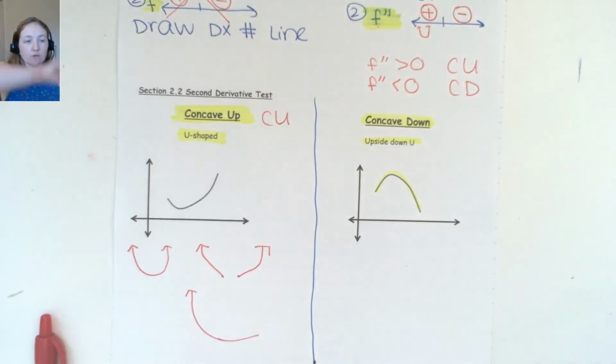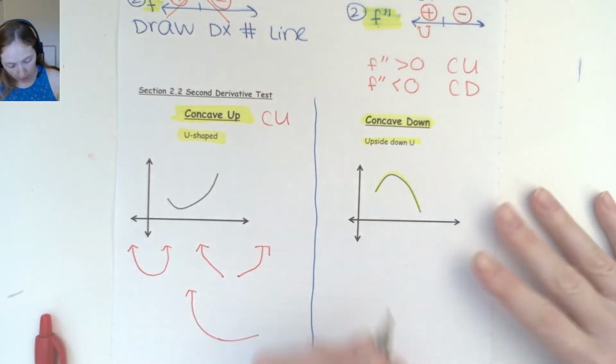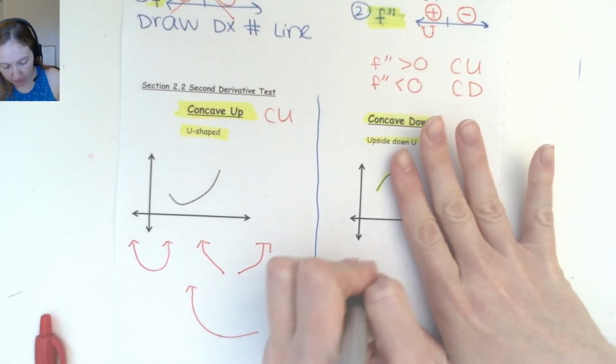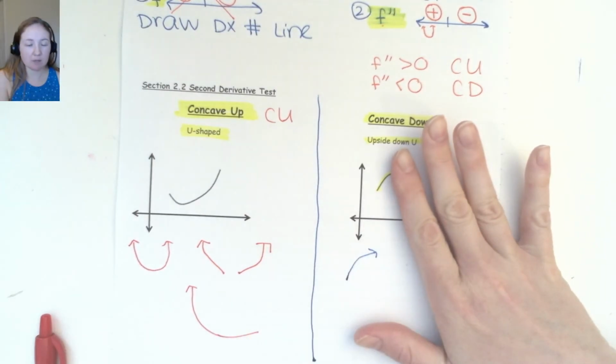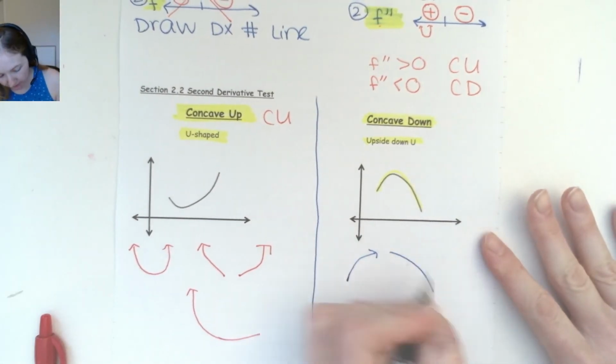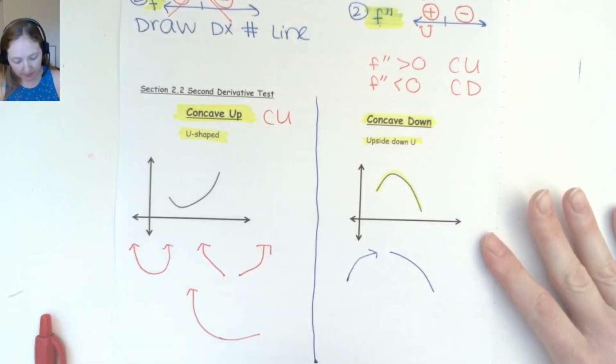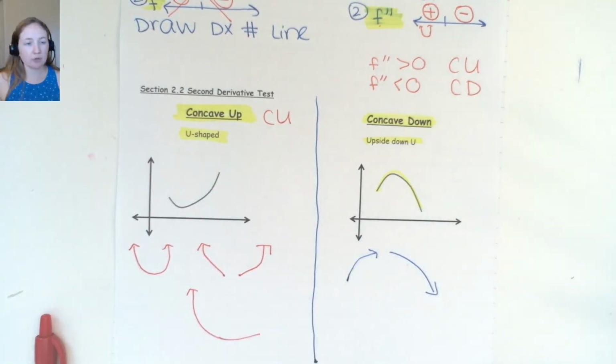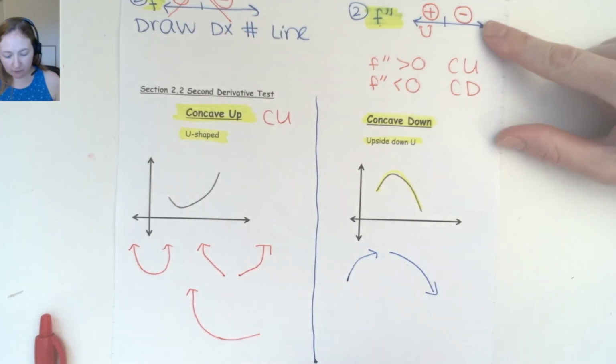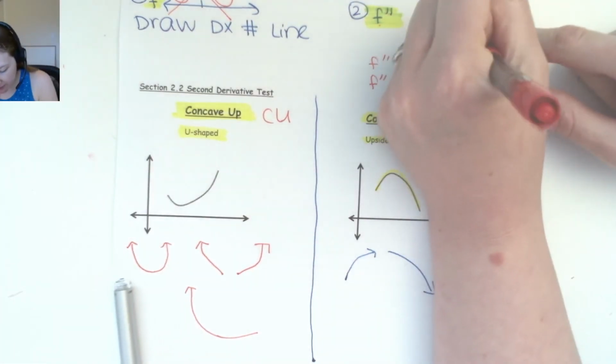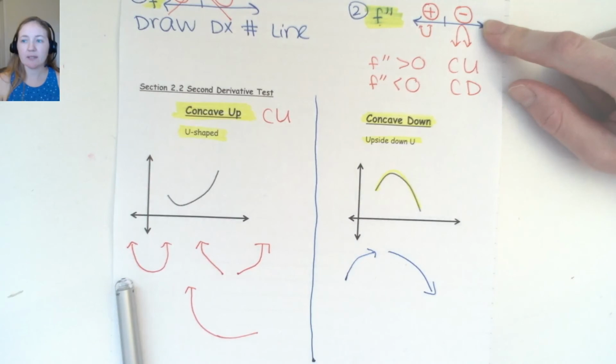You could see the full upside down U, or you could see just a portion of it. So something that looks like this would be concave down, or something that looks like that would be concave down. All of those are concave down. It doesn't have to be the full upside down U. It could be just a portion of the upside down U. Again, when we get that negative for the second derivative, that tells us that it's concave down.